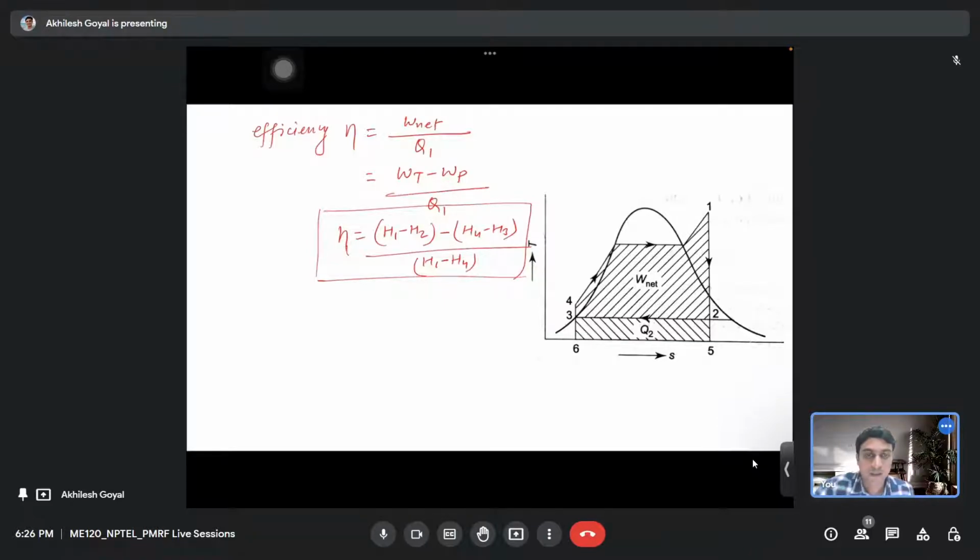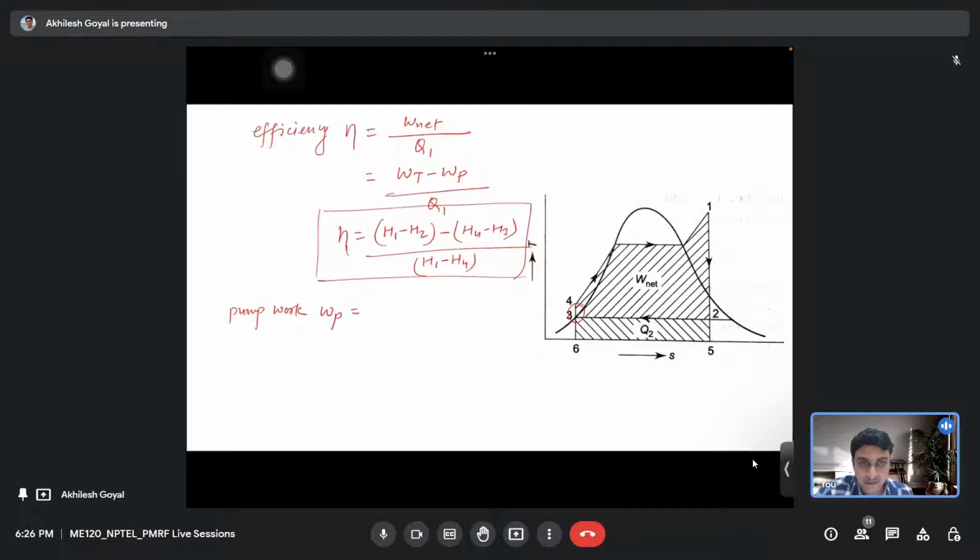Now if we see here in the Rankine cycle, the pump work is from point 3 to 4. So in the pump, water goes in the form of condensed water, not the steam. So if we consider the pump work, that is WP, alone, what is happening in this process?